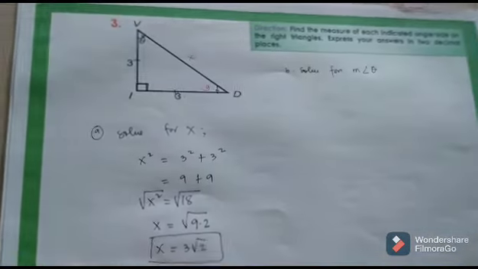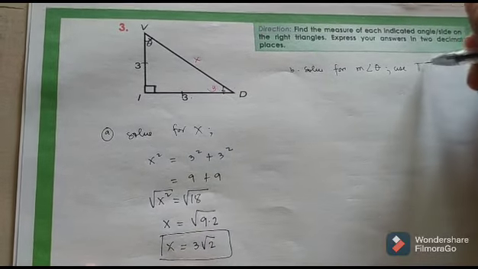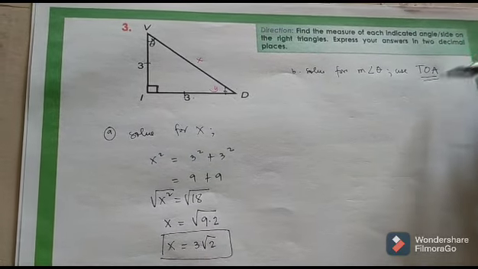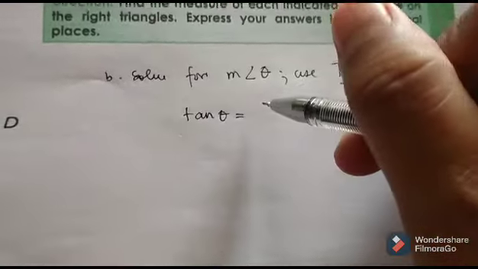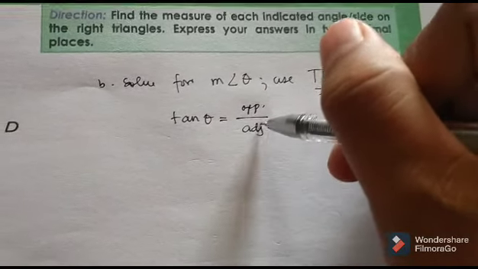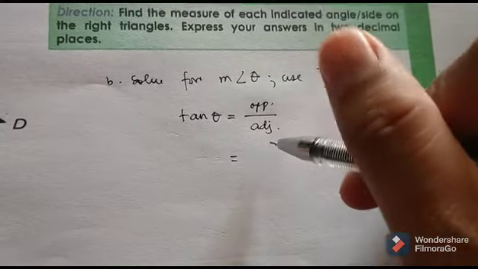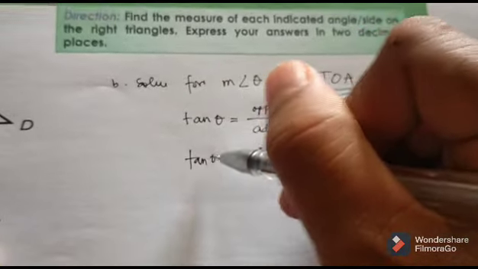So you can use TOA, or tangent. So use TOA. For TOA, you would have tangent theta is equal to opposite over adjacent. So our opposite here is 3 over 3. So that is tangent theta.